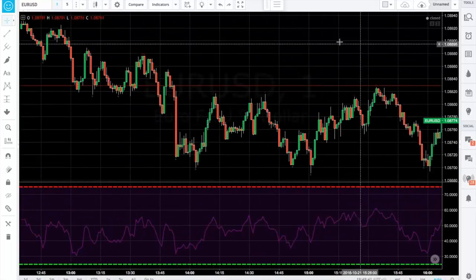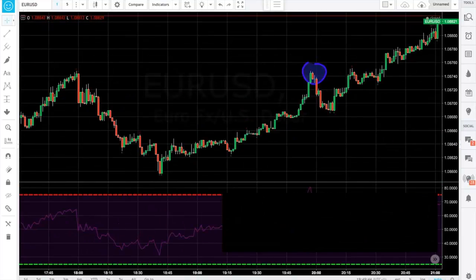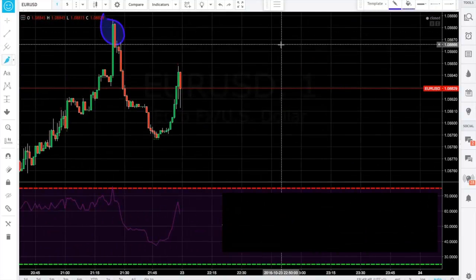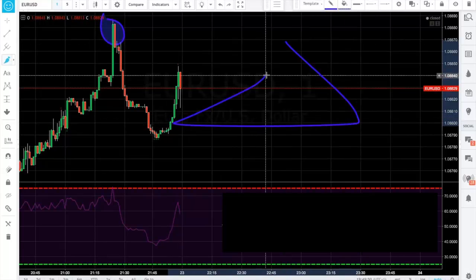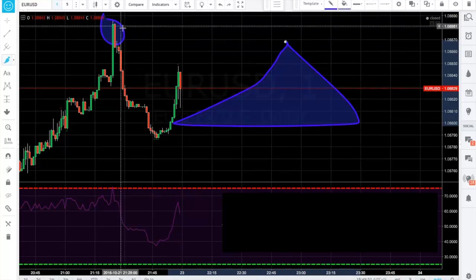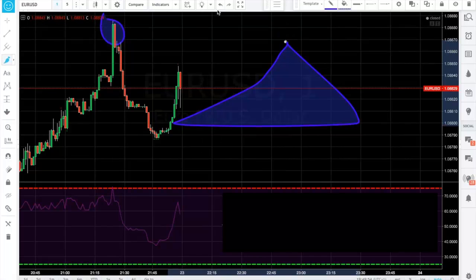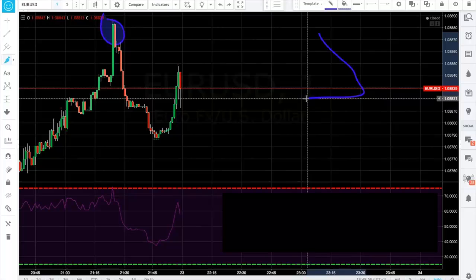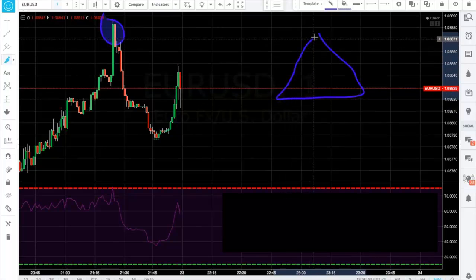Now for anyone starting out with a small balance, let me draw an example. You're starting with a small balance, and what you're looking to do is basically exponentially grow your account.